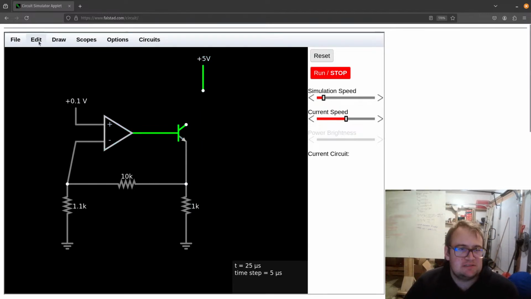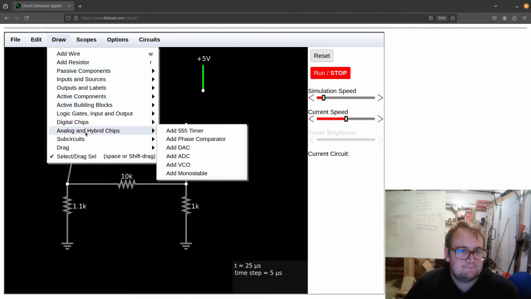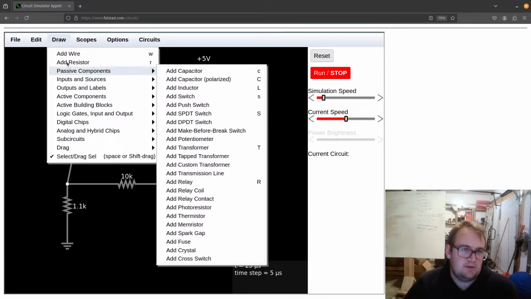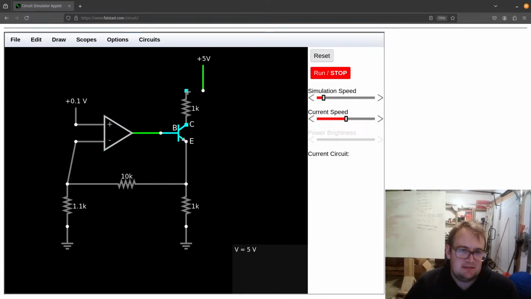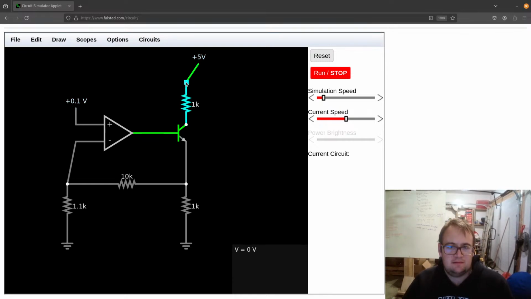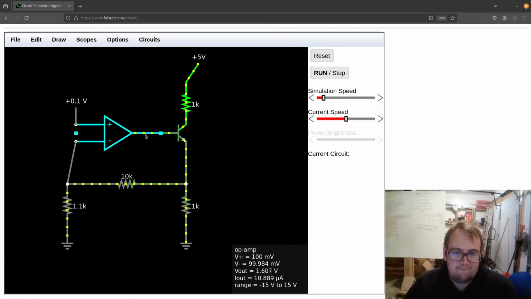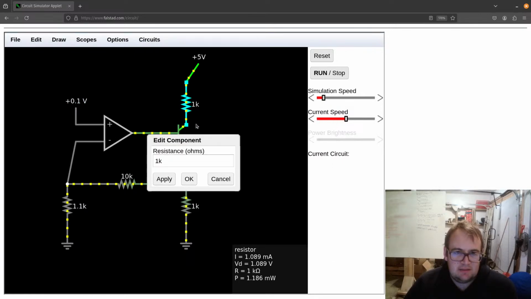Let's just put a resistor here. Because what it looks like is that this is put in at 1.6 volts. Let's edit this to go only 1. Apply, okay.